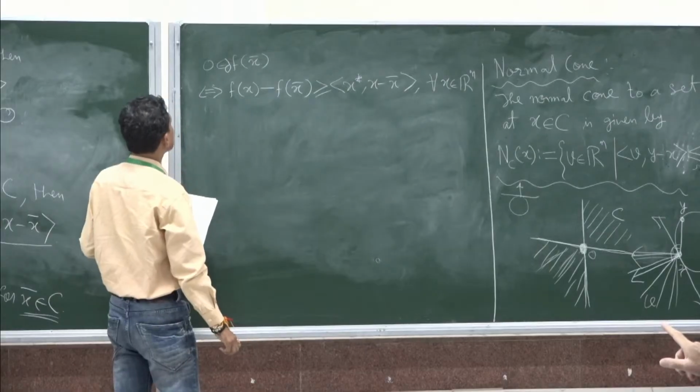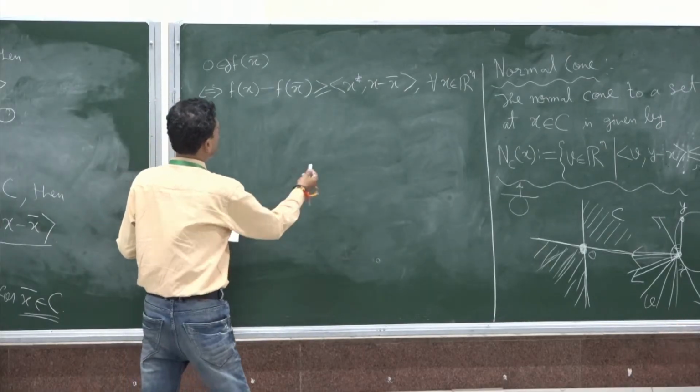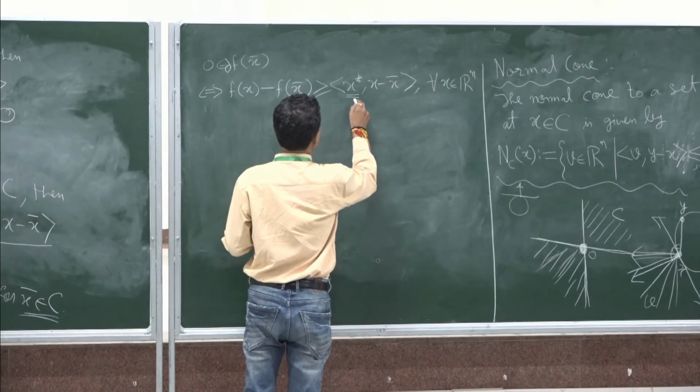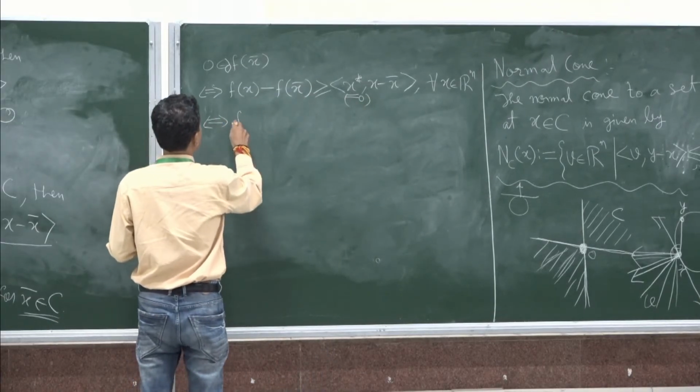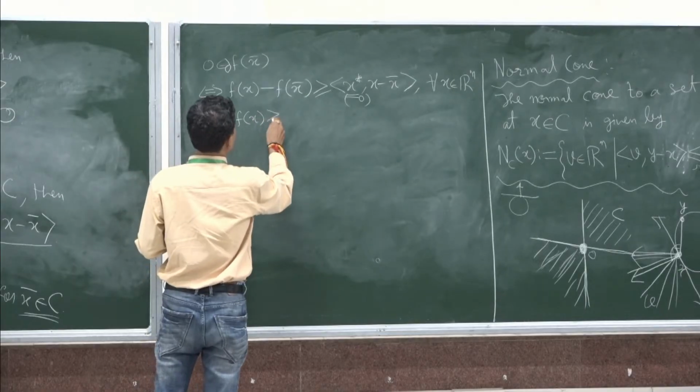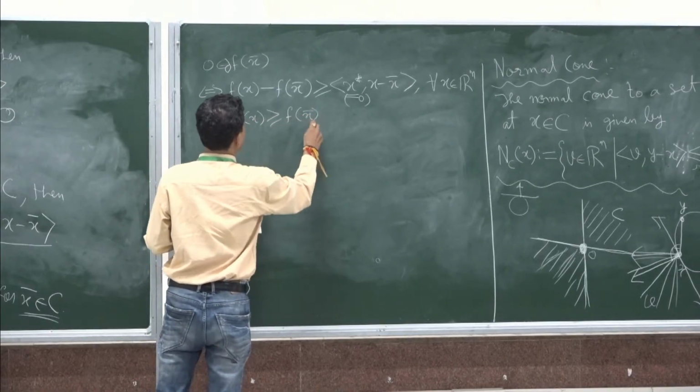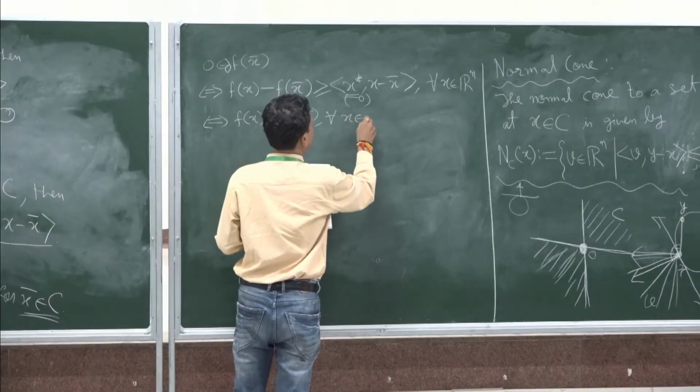But x star is 0, so that will be 0. So it is equivalent to saying that f of x is greater than or equal to f of x bar for every x in Rn, right?